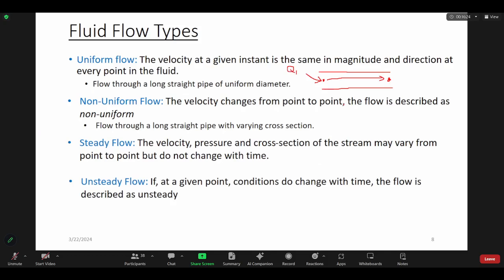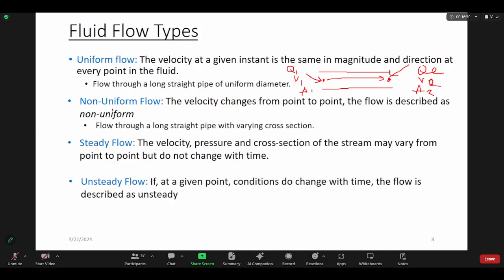At this point, the flow rate I will take as Q1, velocity V1, cross-sectional area A1. At this point, flow rate Q2, velocity V2, cross-sectional area A2.